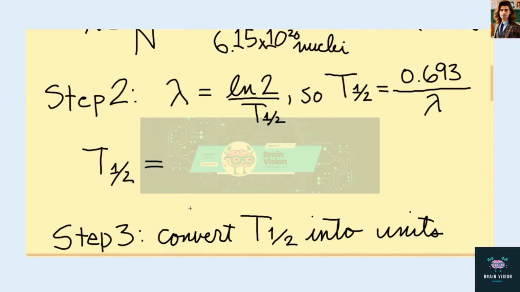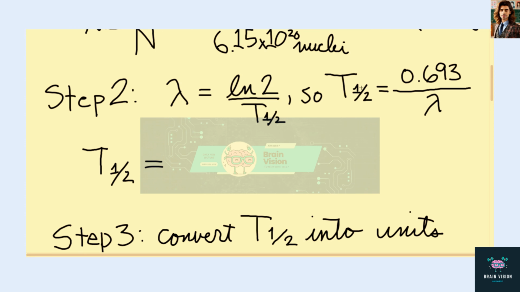Now that we have the decay constant, we can use that to solve for the half-life in seconds of our samarium-147. We have the relation of decay constant to half-life: lambda equals natural log of 2 divided by the half-life in seconds.